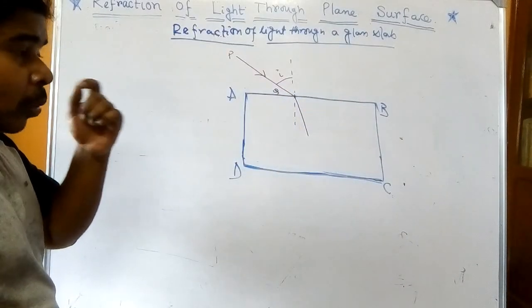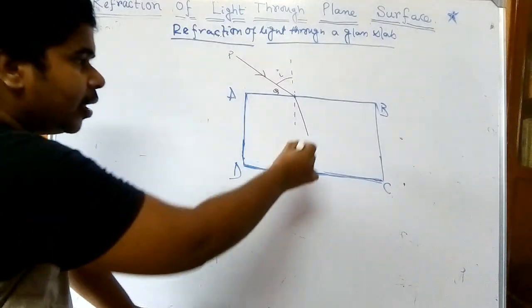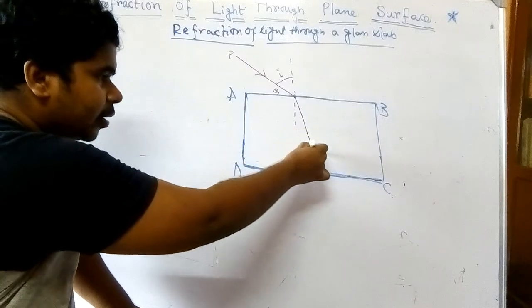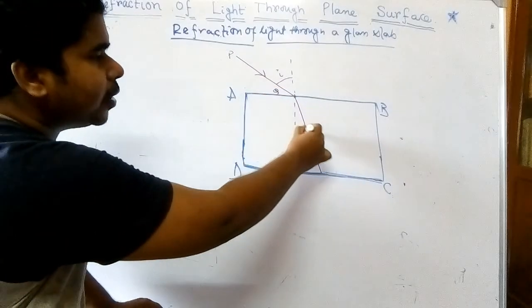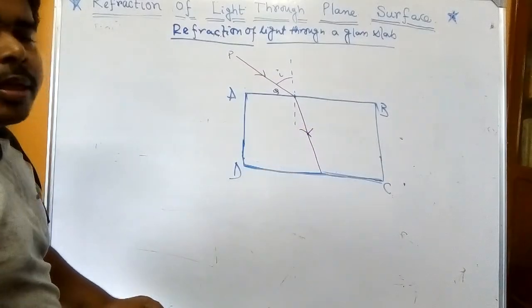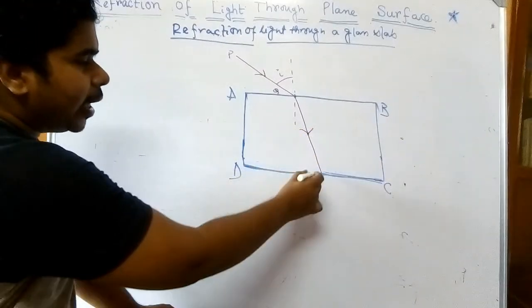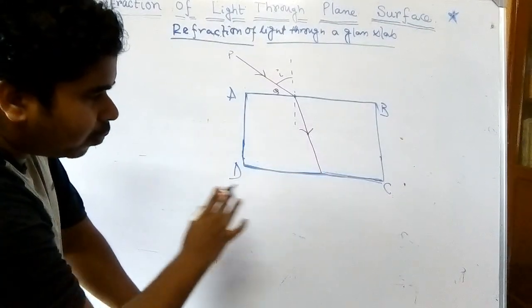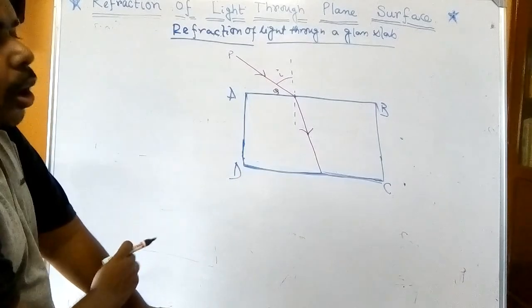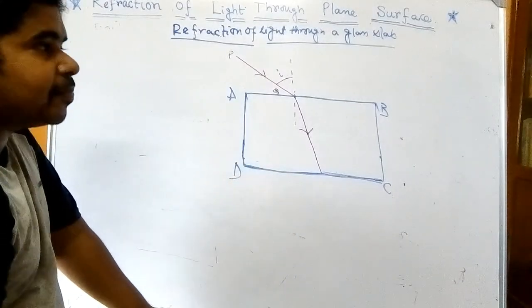Now you see, when the light ray bends once towards the normal, then in this path the light will travel in a straight line, because the whole path is glass, so there will be no deviation. Then it is incident on another separation of glass and air, that is DC.